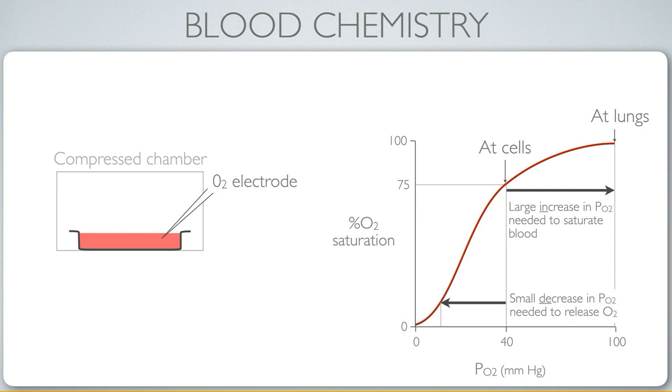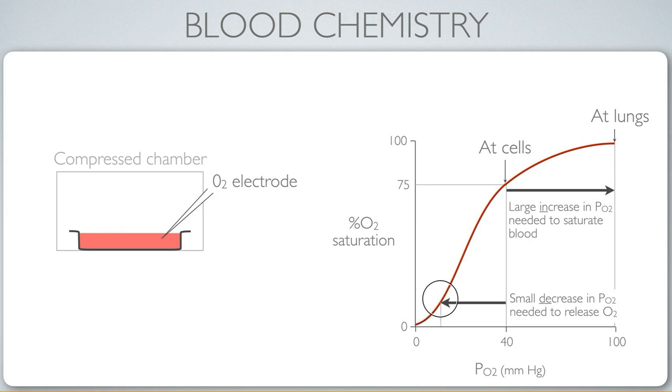If it's not in the blood, then it's released by the blood, or in the air in the case of what's going on in the lungs. So when the blood goes from 40 millimeters of mercury down to this level, it's giving up that oxygen and making it available to the cells that need it.